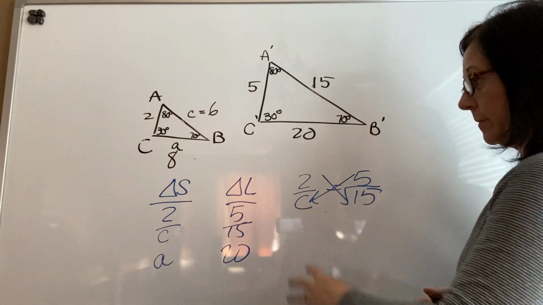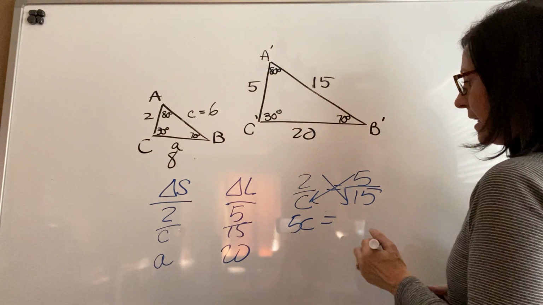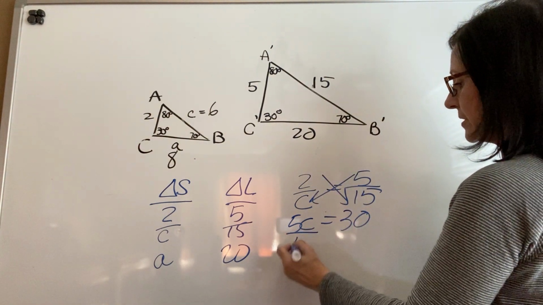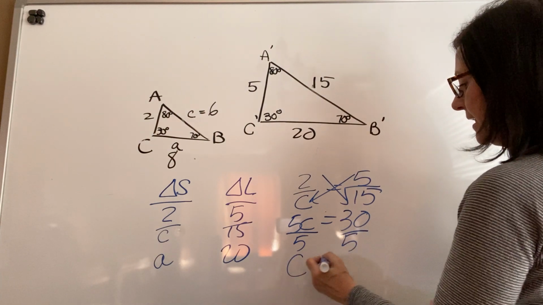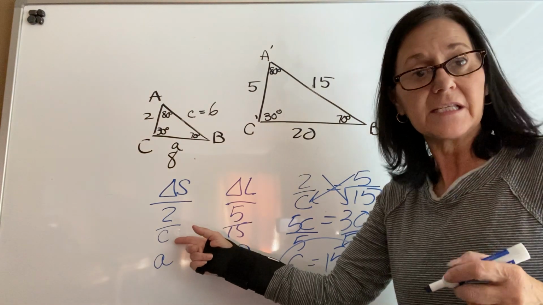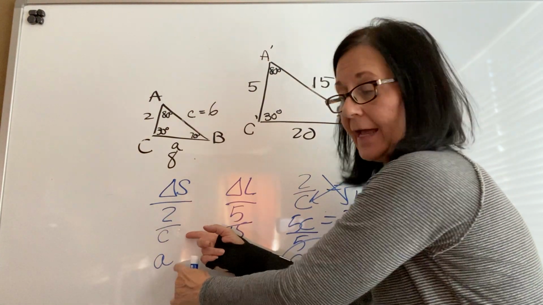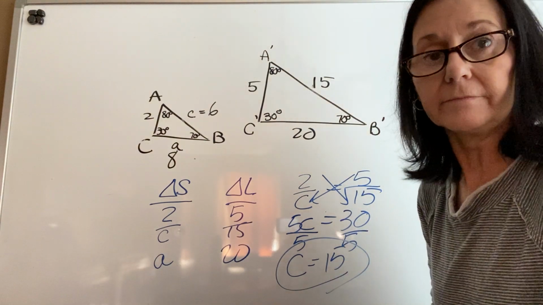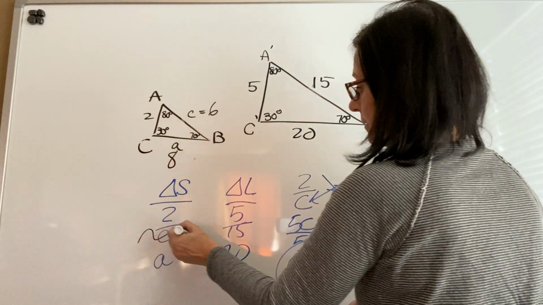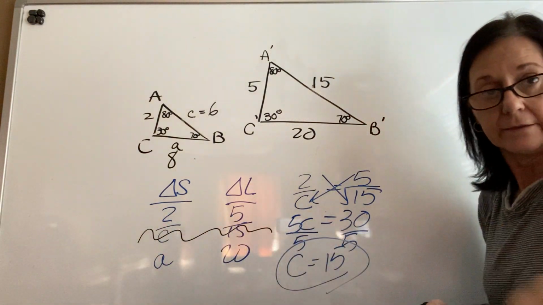Remember, you can always cross multiply when you have a ratio equaling a ratio. So this is 5C. My equal sign stays. 2 times 15 is 30. Divide both sides by 5. C is 15. When I solve for A, I'm not using my C value because I calculated that. So it'd be 2 over A. To solve for A, I would ignore this middle, and it's 2 over A equals 5 over 20.